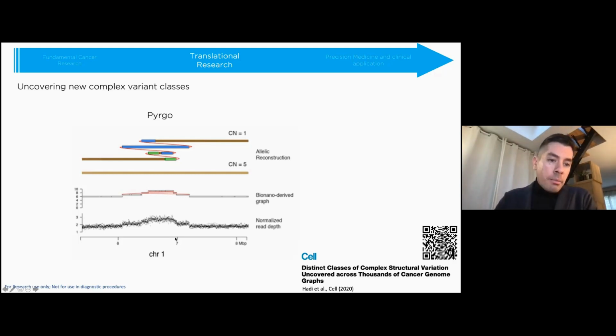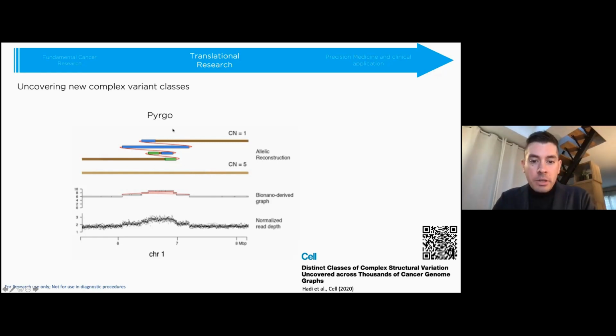You have at the bottom evidence from the NGS data of duplication, but the structure of the event cannot be deduced. And this nested structure you can see here was resolved thanks to optical genome mapping. One allele is actually bearing all the alterations in the background of a normal allele with a copy number of 5.